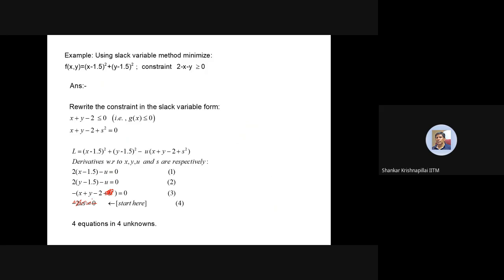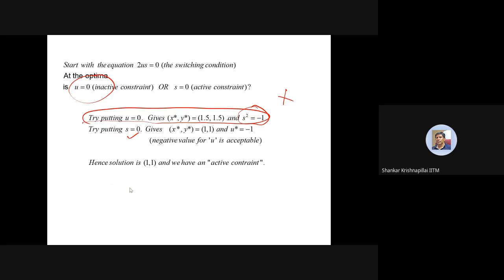Then you have to solve these 3 equations in x, y, and u. You have to solve these 3 equations, and the answer is given here: x star, y star is 1, 1, and u star equal to minus 1.